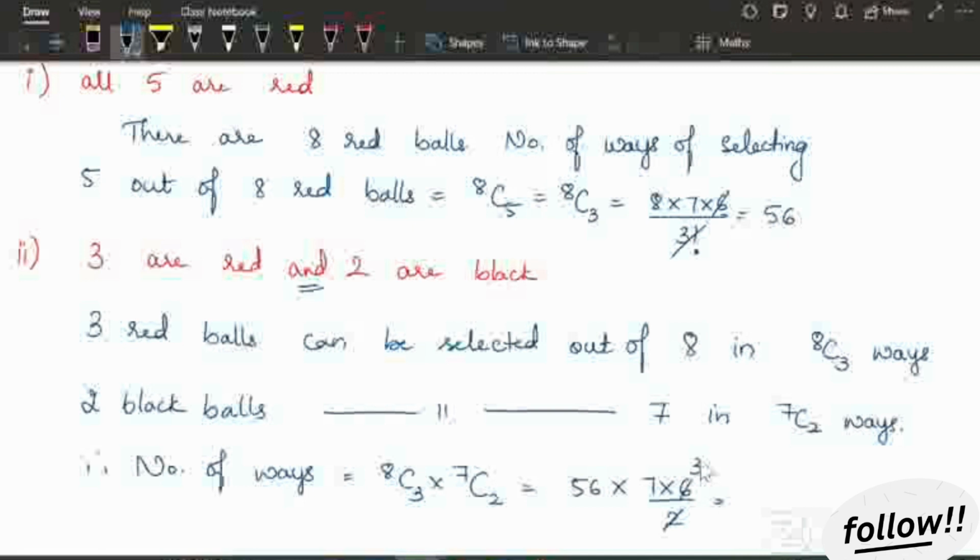This is 56 into 21, which is 1176 ways. That's all, that is the answer. Again, 1 mark for this is very less.